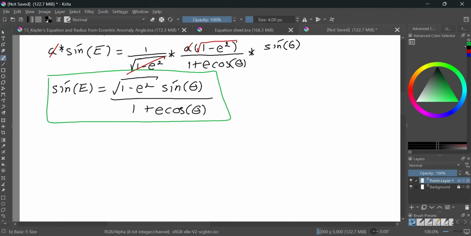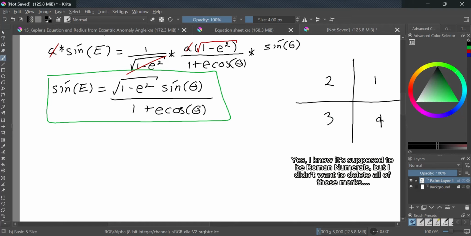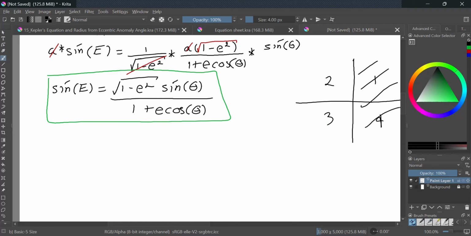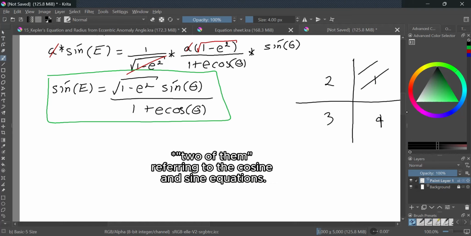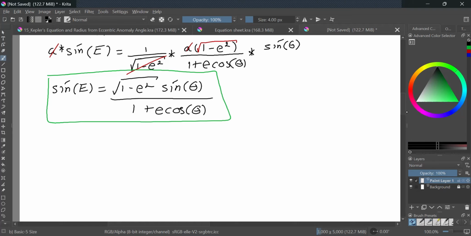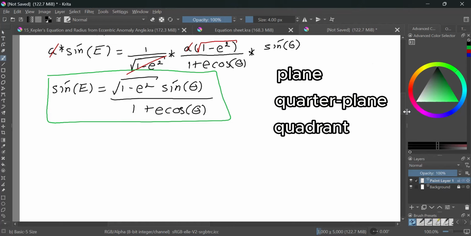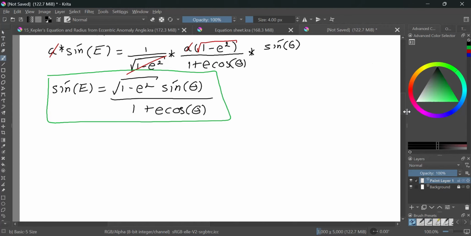So again, if we look back to our grid here, where we had 1, 2, 3, and 4, this is only going to give us values in this side. Said another way, the upper half plane and the lower half plane, and the two of them combined will get you a value that is very specifically in one plane, or one quarter plane, one quadrant, that this is where your orbiting body is.